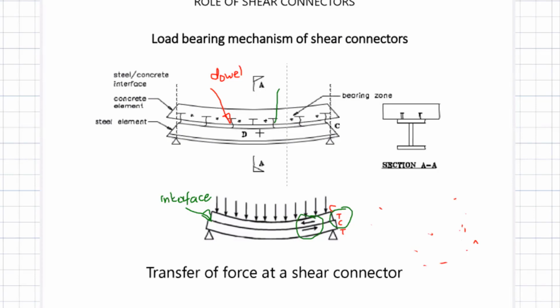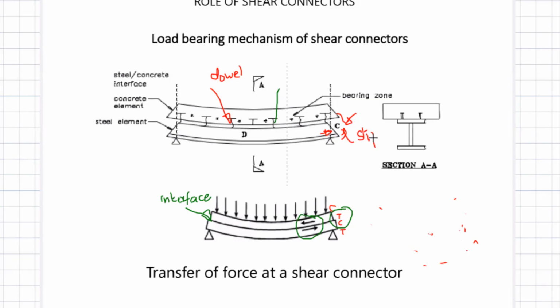Now, for example, if the number of shear connectors is very high, I'm only saying it qualitatively, you will not see any slip here, correct? So the displacements that I see between the steel and the concrete surface, I will call slip, right?